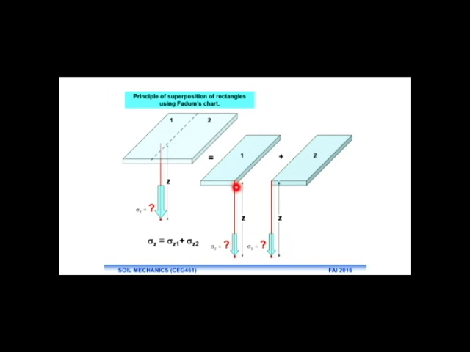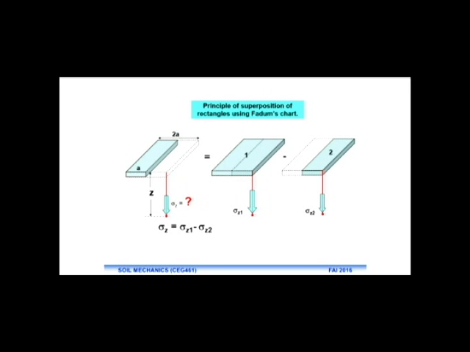You get the increment of vertical stress due to foundation 1, with the point of interest at that corner. And for foundation 2, the point of interest is also at the corner. So you just total up.